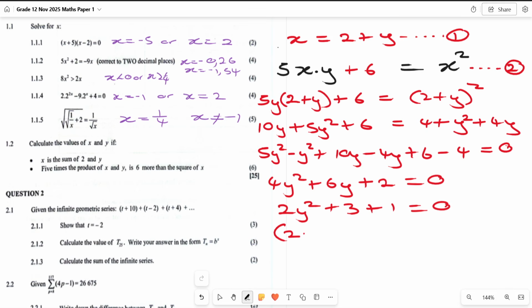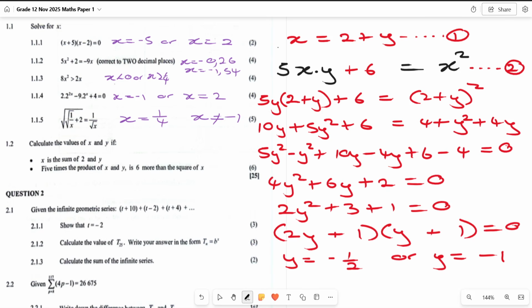Factorize: 2y, and then again, y is equal to 0. Very easy. We need to have 1 here, because the product and what we have in the middle is positive. Plus, plus. Now, y is going to be minus 1 over 2, or y is going to be minus 1.